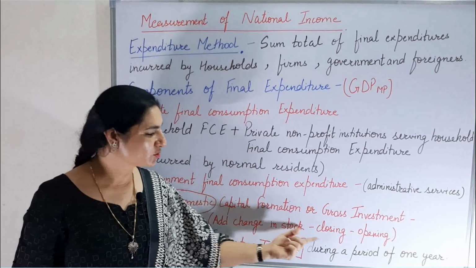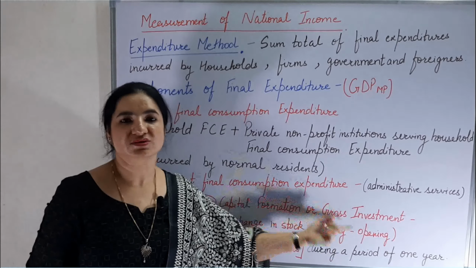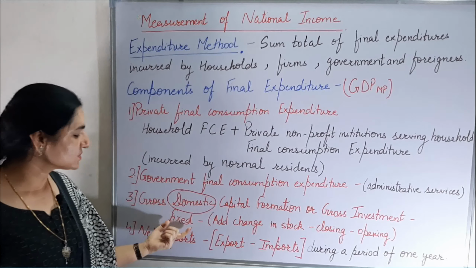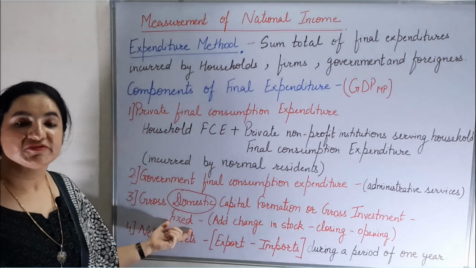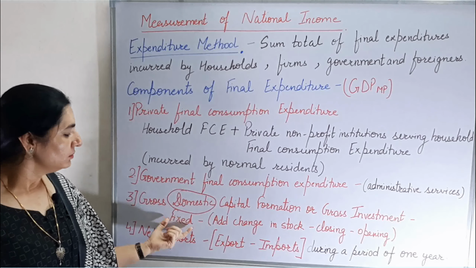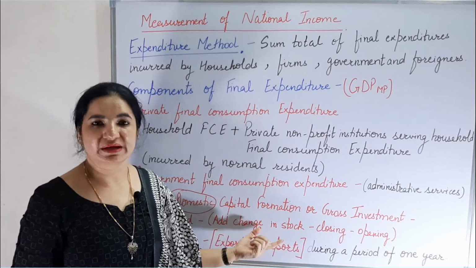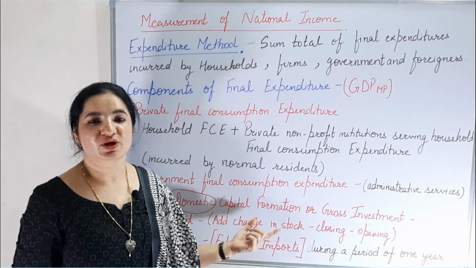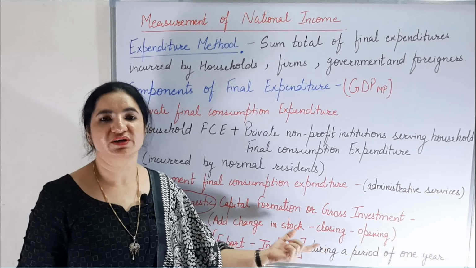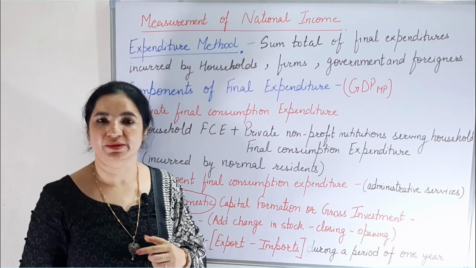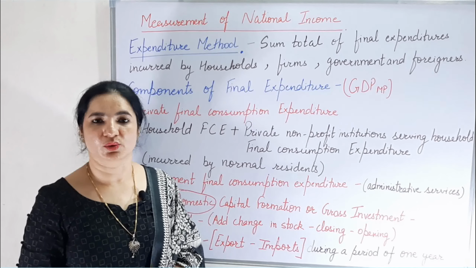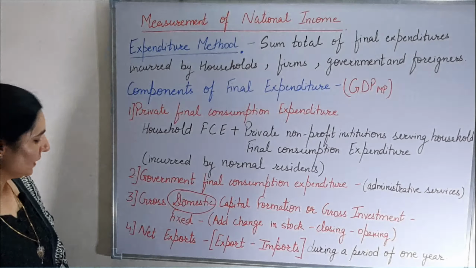Change in stock means closing stock minus opening stock. This fixed word will reflect that the adjustment for change in stock has not been made, and it is to be made, because without making this adjustment we will not be able to arrive at the proper figures of the particular year.